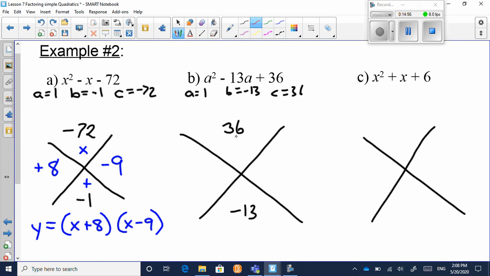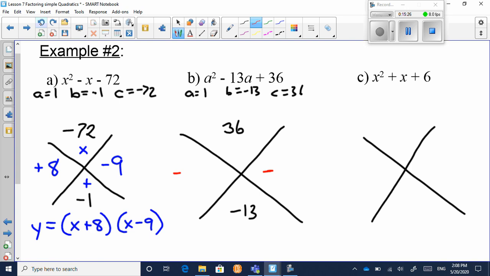So the only way you can multiply to a positive number and add to a negative is if they both need to be negatives. Okay, so here we go. How about we try -6 and -6? -6 times -6 is definitely 36, but they only add to -12, so that doesn't work.